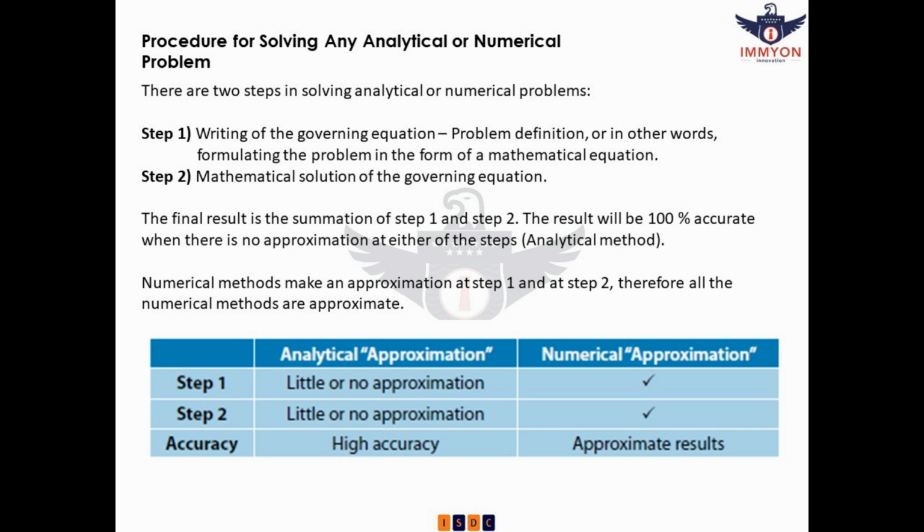The result will be 100% accurate when there is no approximation at either of the steps. Analytical method. Numerical methods make an approximation at Step 1 and at Step 2, therefore all the numerical methods are approximate. Below you can see the difference between the analytical approach and numerical approach.